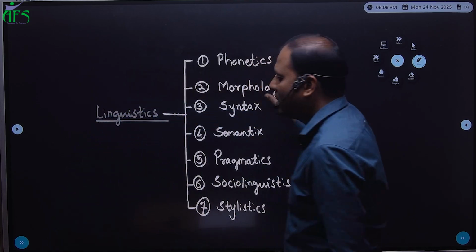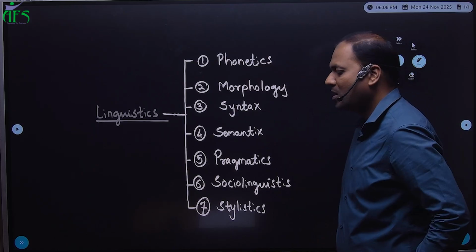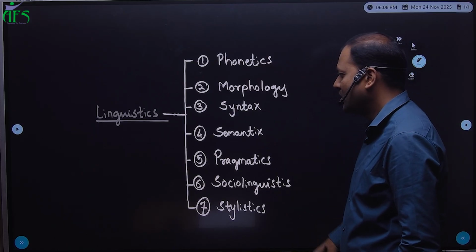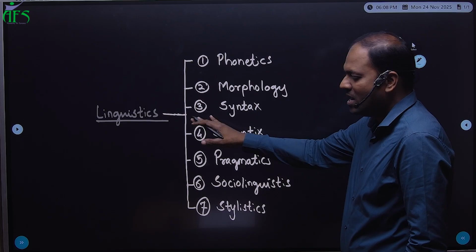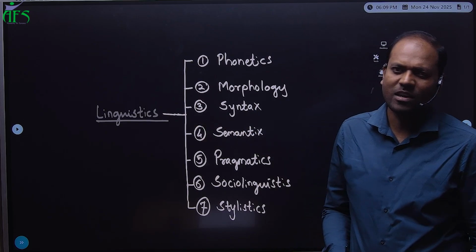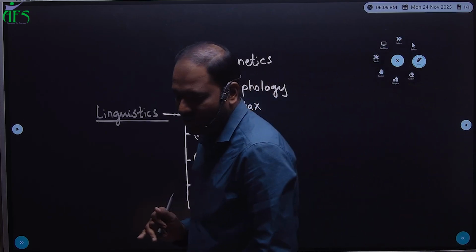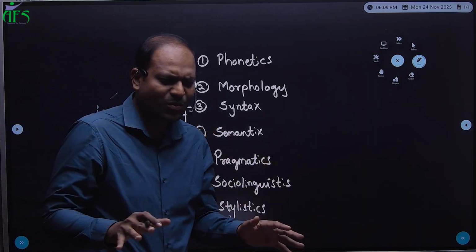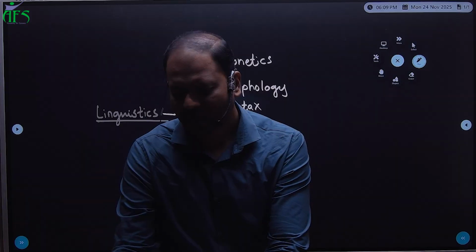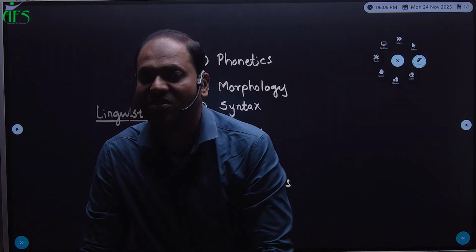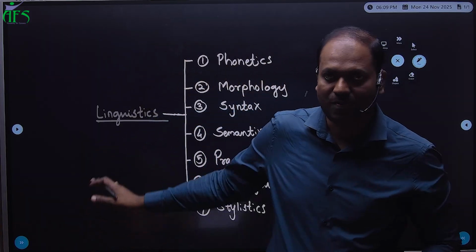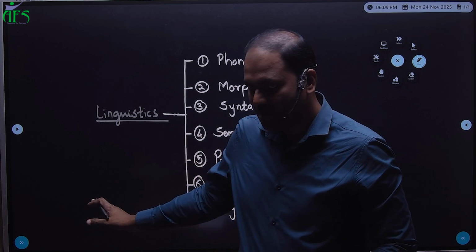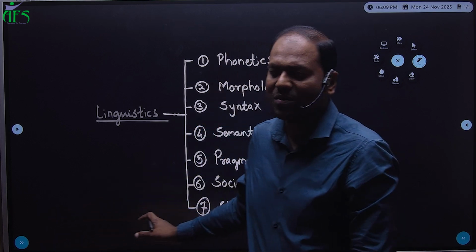So all these are the branches of linguistics. As you know, linguistics means the scientific study of language. It is not applicable to only the English language. Any language can be studied in linguistics. We are studying the English language here, being English literature and language students.